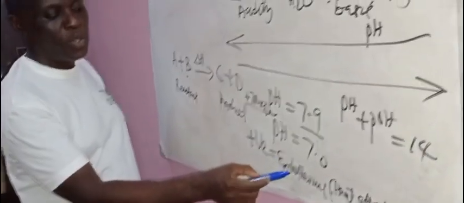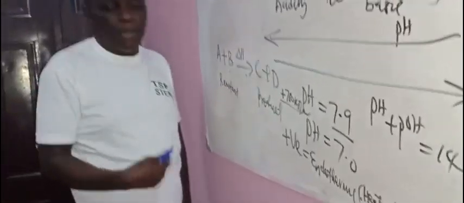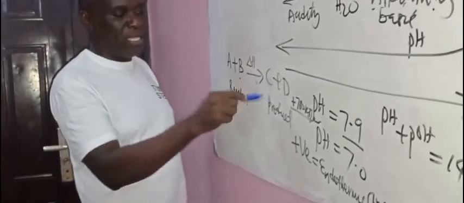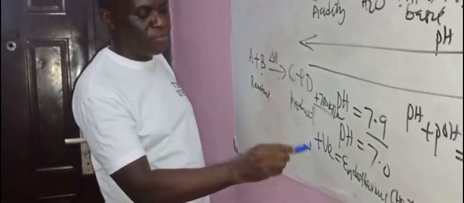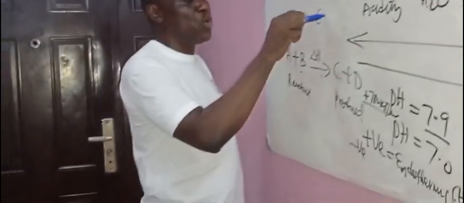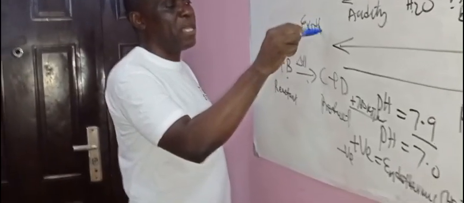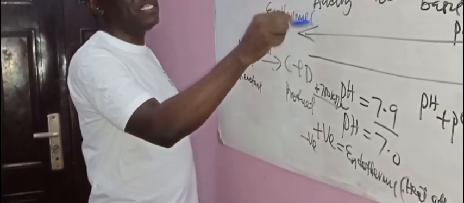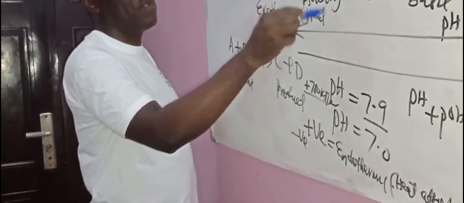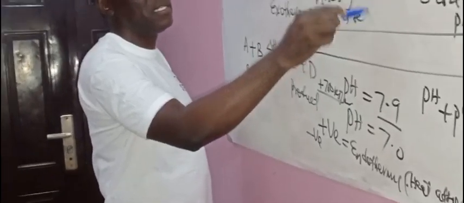Endothermic. Endo means inside, in, it is absorbed. But if what you see is maybe negative, then it is exothermic. Exo means it is released to the atmosphere. It is released, or it is given off.